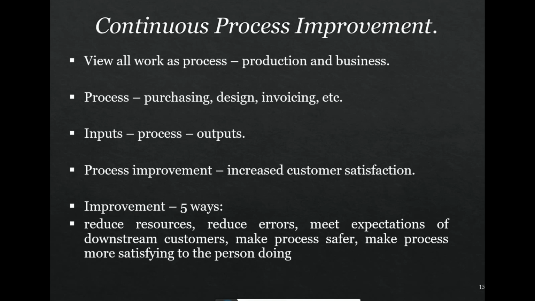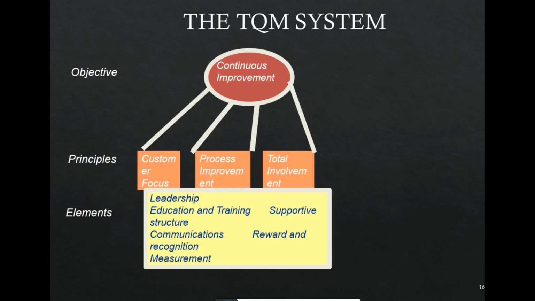This diagram will help you to understand total quality management deeply. It has the objective of total continuous improvement. Continuous improvement you are going to achieve through customer focus, process improvement, and total employee involvement. How are you going to do this? It has some elements.